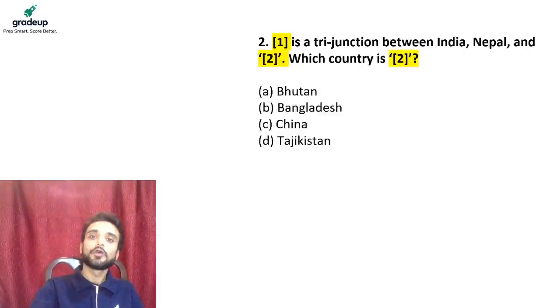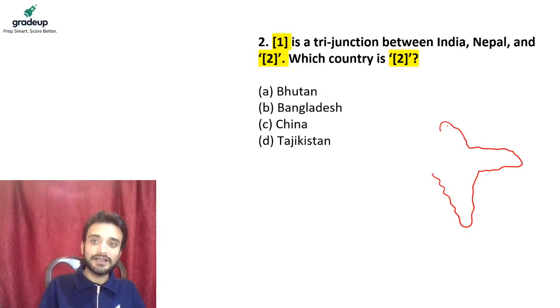Question number 2. Kalapani is a tri-junction between India, Nepal and which country? Since I have already told you it's a part of Uttarakhand, it is on the north of the country.